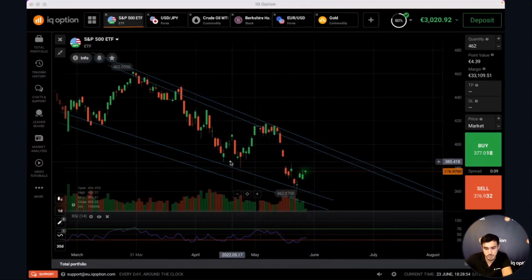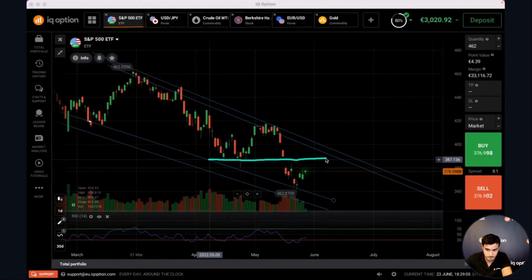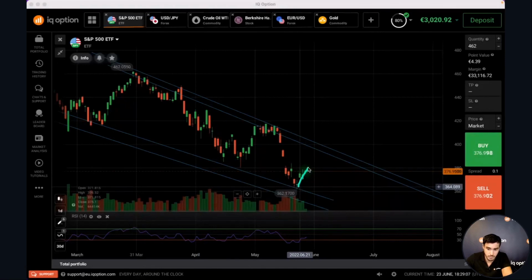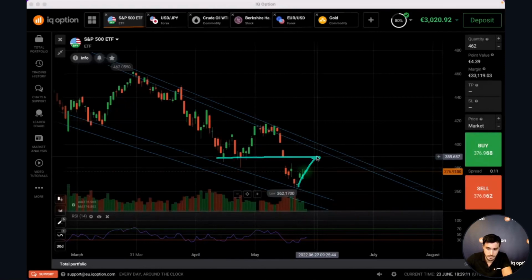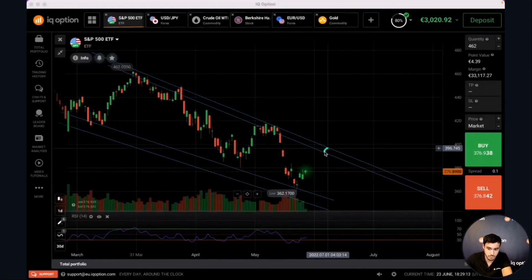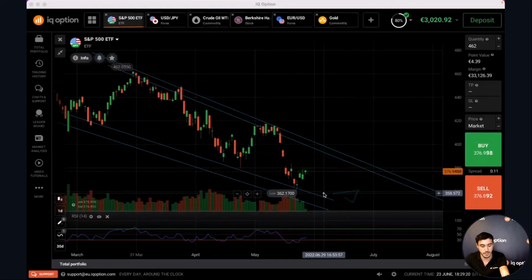Where it can reach, well, will be interesting to be careful with this price. This is the last area that worked very well as a support. So maybe we can see an attack to this line, which is also more or less the same area as here, and potentially going down, no?